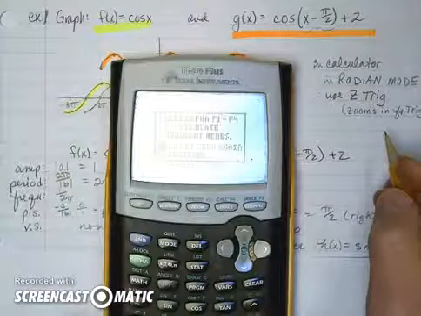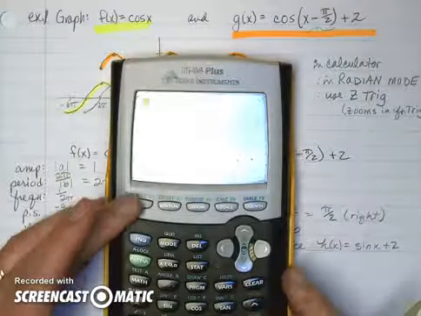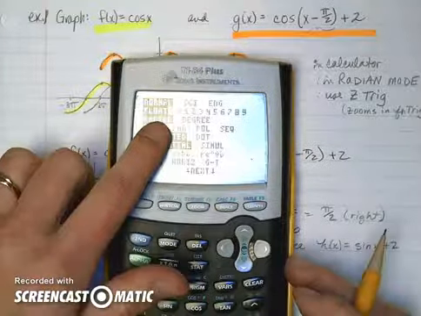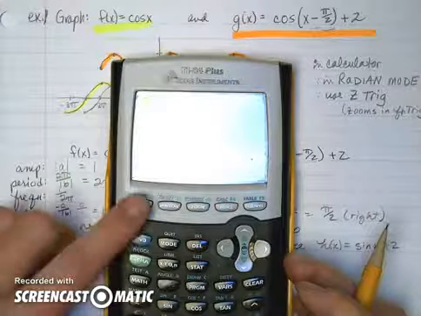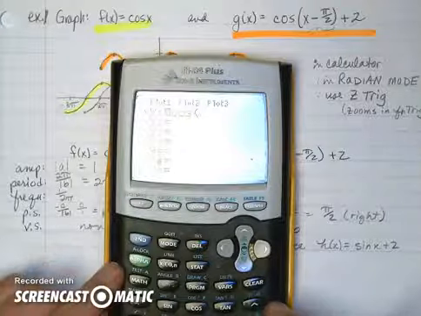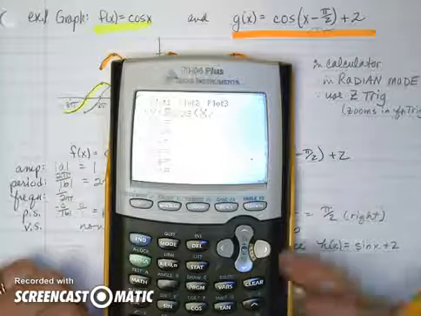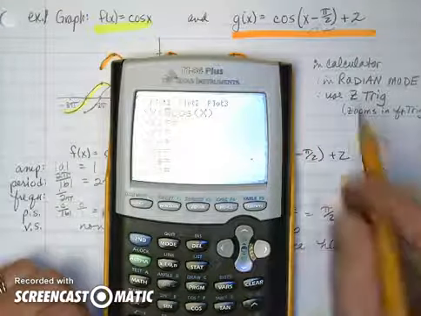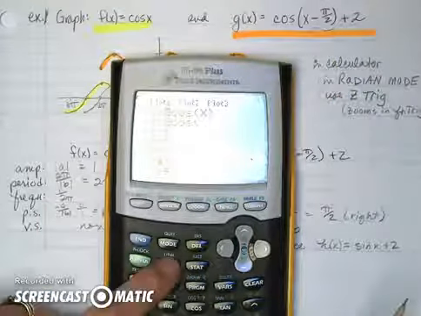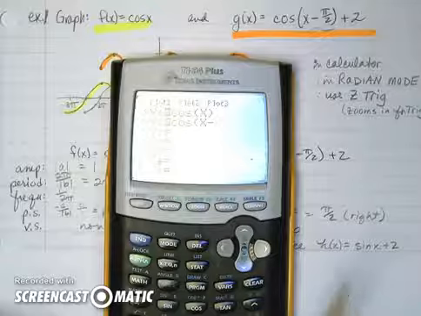Let me quickly show you what happens. If I'm graphing, let's say my y function, first let me check my mode. I'm in Radian mode, so that's good. My y equals, let's do the cosine. I do cosine x, and then let's graph this one. That would be cosine of x minus pi over 2.